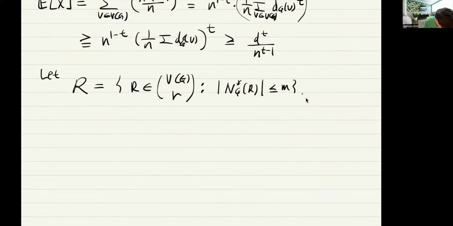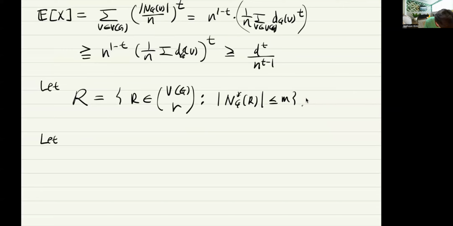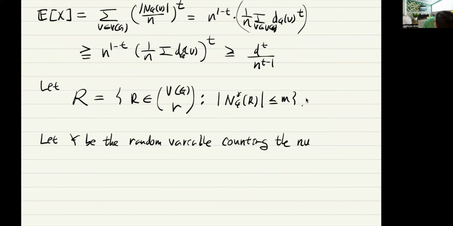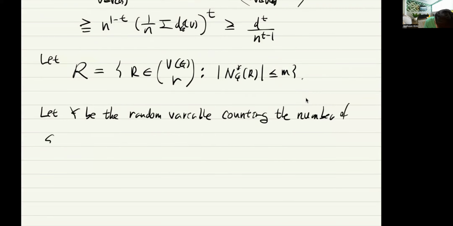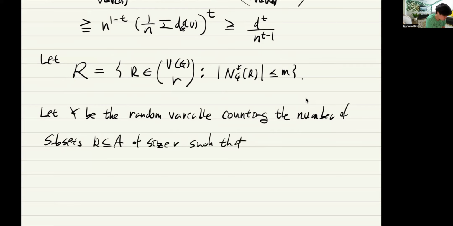And now we can introduce the random variable which counts the number of subsets R, which is included in A, such that its common neighborhood has size smaller than M.